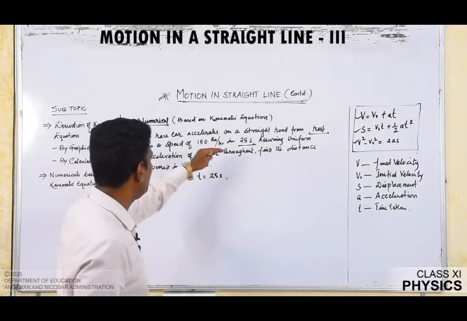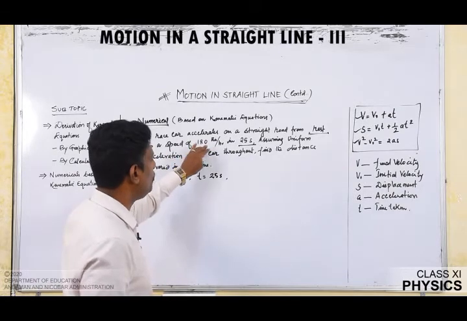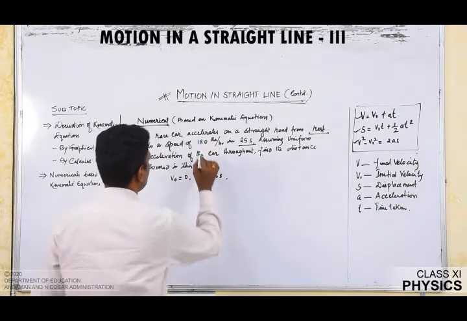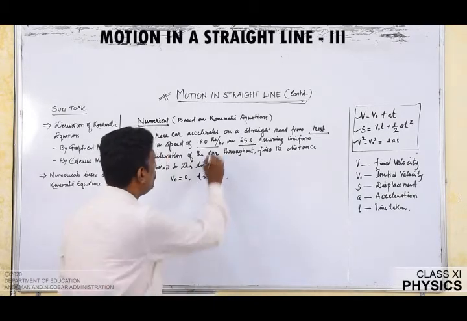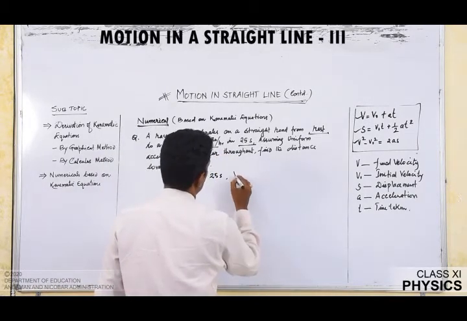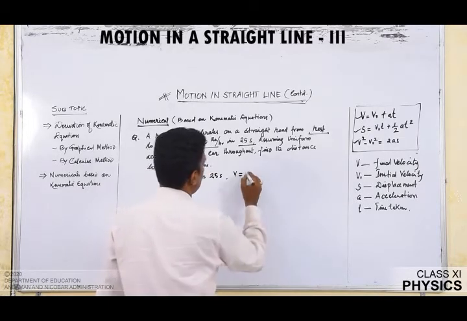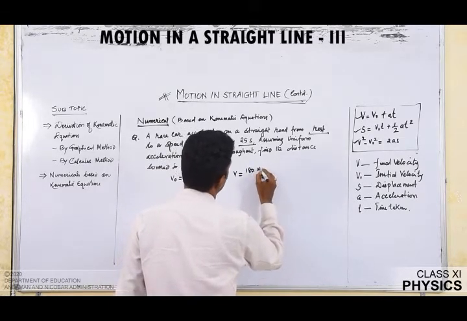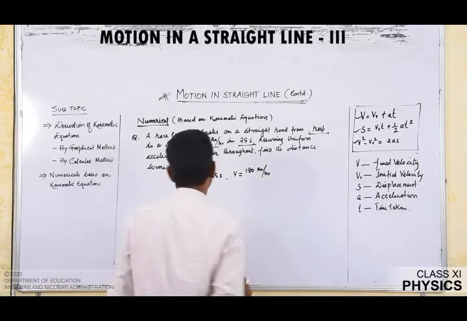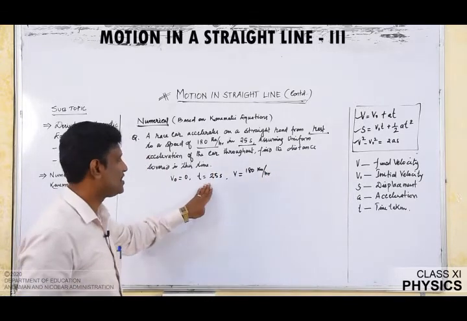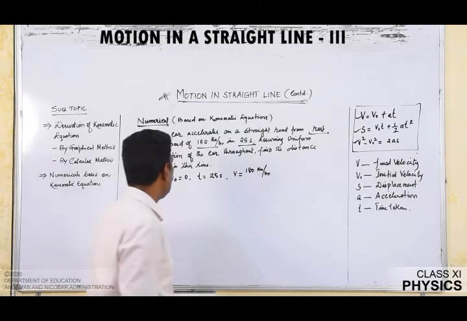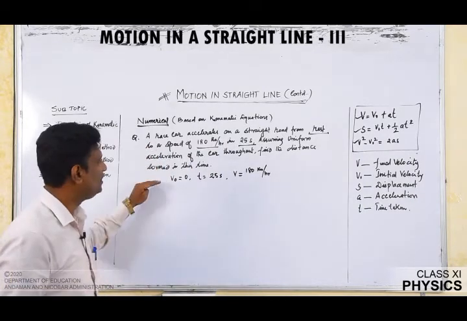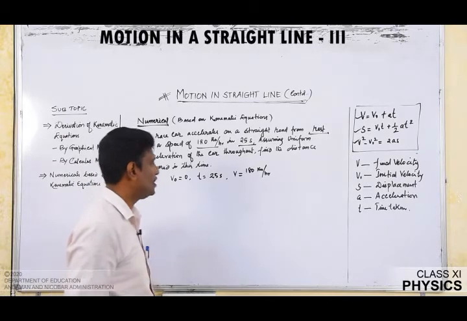And attaining the speed of 180 km per hour denotes that the final velocity is 180 km per hour. So, obviously, v is equal to 180 km per hour. Since time is in seconds and speed is in kilometers, we need to bring all the quantities to the same SI unit.